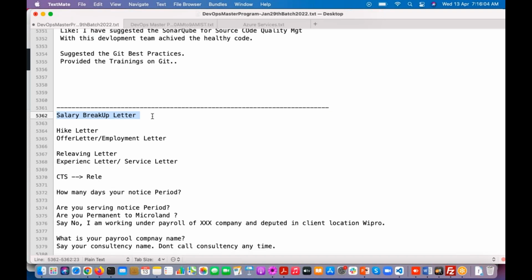In the salary breakup letter, they mention your total CTC and how much you are going to get in hand per month, in a detailed way. Some companies keep the salary details in the offer letter itself.